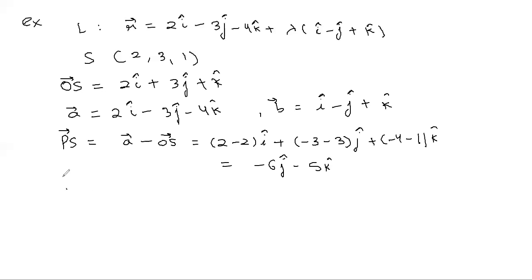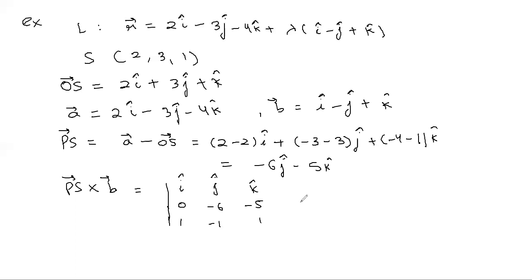Now let's find the cross product between PS and B, which is going to be the expansion of this determinant with the first row as i, j, k, the second row as the coefficients of i, j, k in vector PS, which is 0, minus 6, minus 5, and the third row as the coefficients of i, j, k in vector B, which is 1, minus 1, 1.